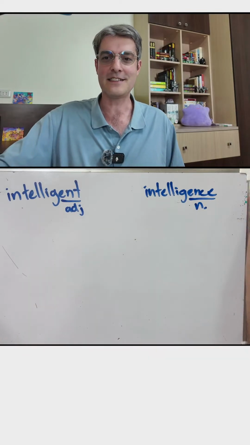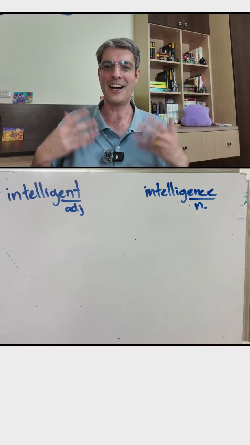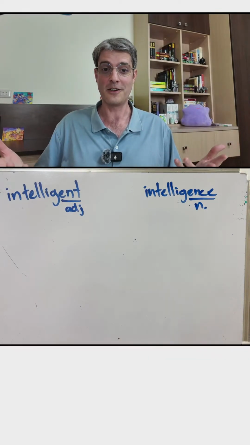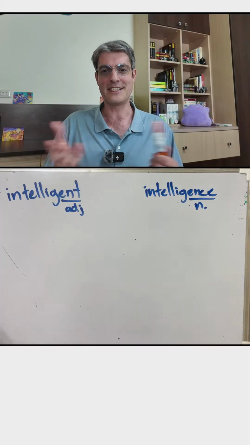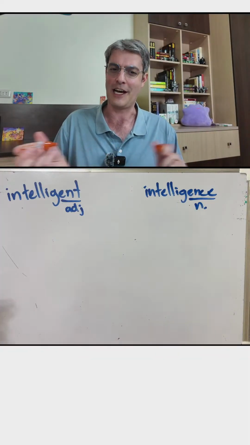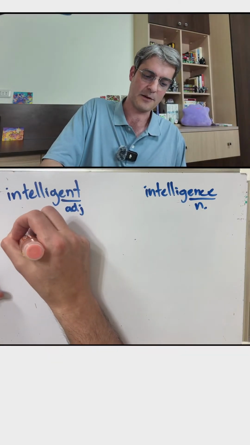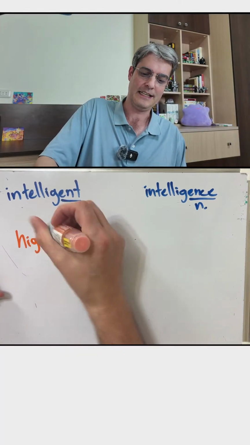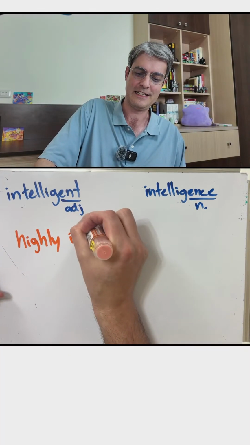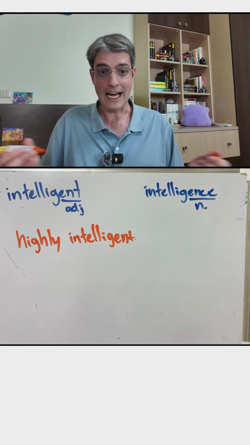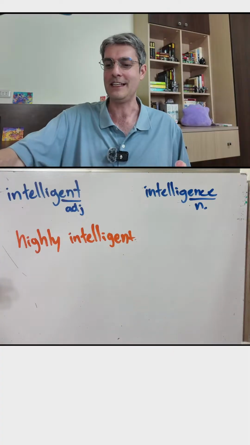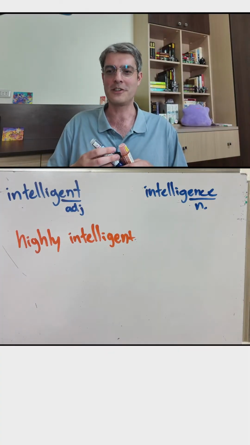This just means the ability to think, understand, and learn well or easily, right? So one common collocation, instead of saying very intelligent, if you're tired of saying very, you can say someone is highly intelligent, right? She's a highly intelligent student. He's a highly intelligent worker.